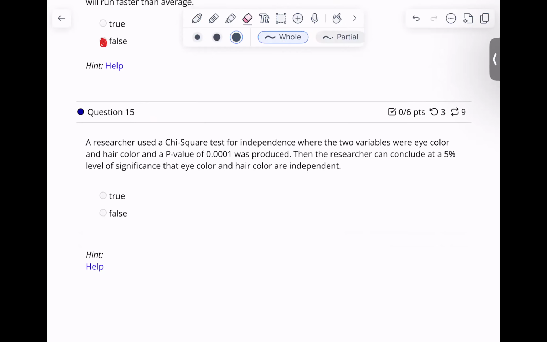And then the last question. A researcher used a chi-squared test for independence where the two variables were eye color and hair color, and a p-value of 0.0001 was produced. Then the researcher can conclude at a 5% level of significance that eye color and hair color are independent. I don't think so. Alpha was 0.05.